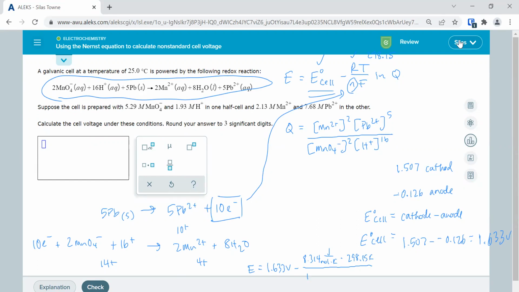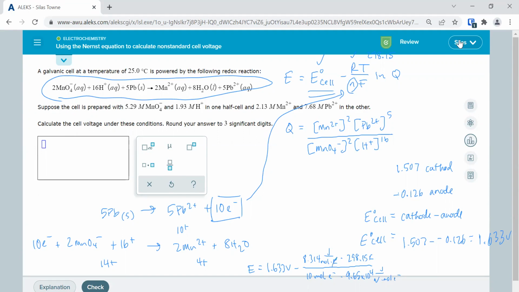Then we're going to do our 10 moles of electrons that we found, multiplied by Faraday's constant. There's two options, coulombs per mole. We are going to cancel units by using the joules per volt mole of electrons, same number, so 9.65 times 10 to the fourth.